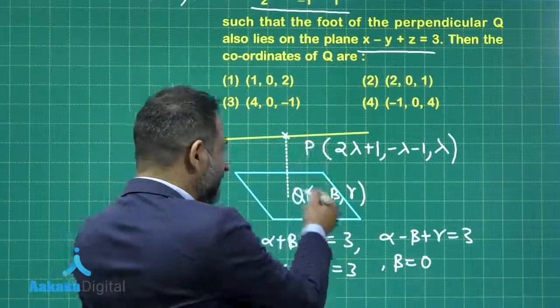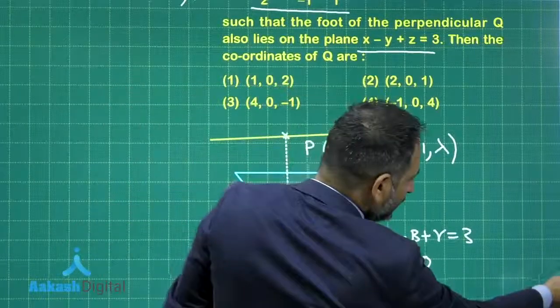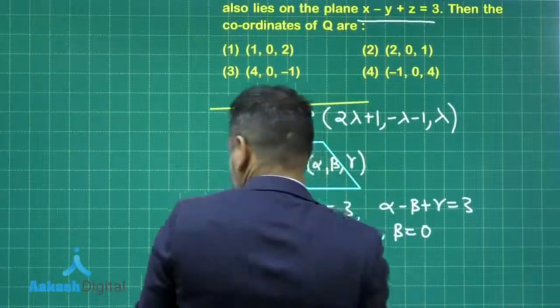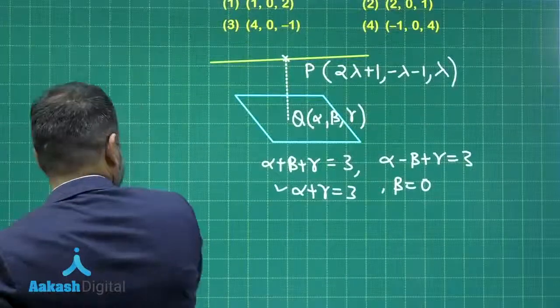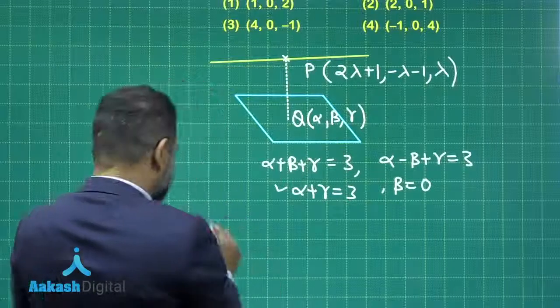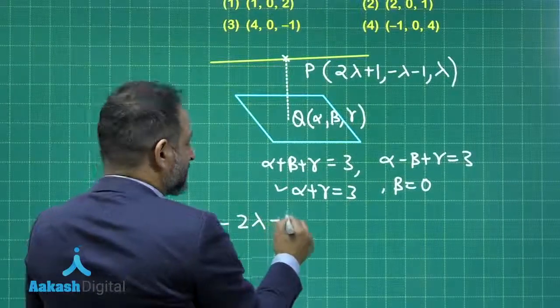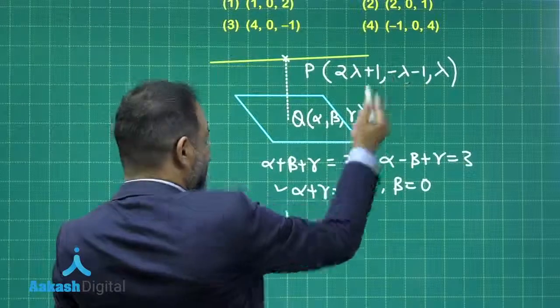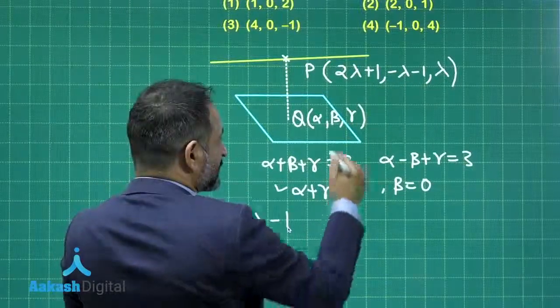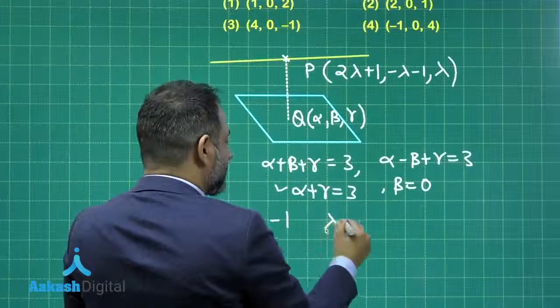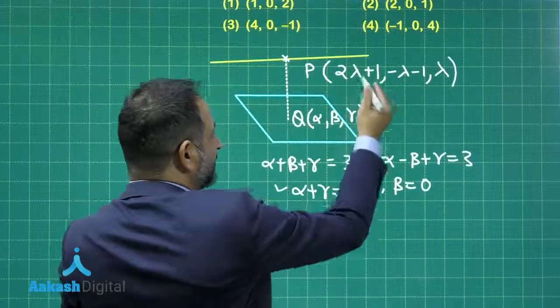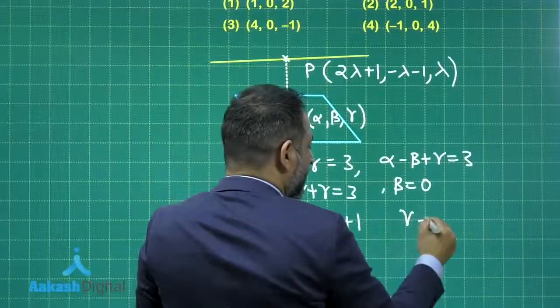So, the direction ratios of PQ are what? The direction ratios of PQ here are alpha minus 2 lambda minus 1, and beta minus this. Now, beta is 0, so it is lambda plus 1, and the third one is gamma minus lambda.